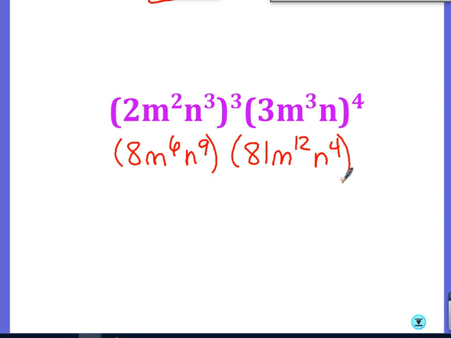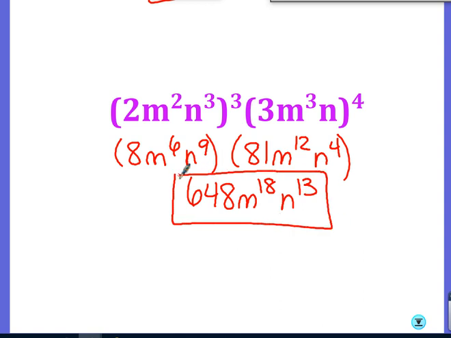Final step is going to be to multiply your coefficients and add your exponents. This gives you a final answer of 648 m to the 18th n to the 13th.